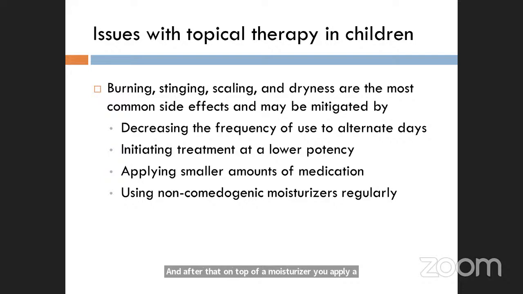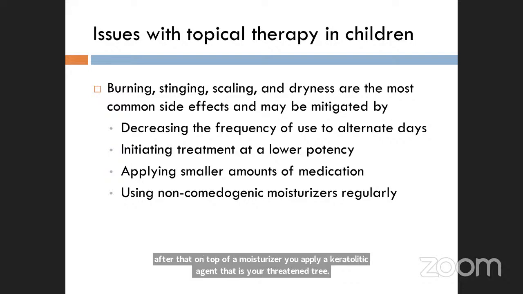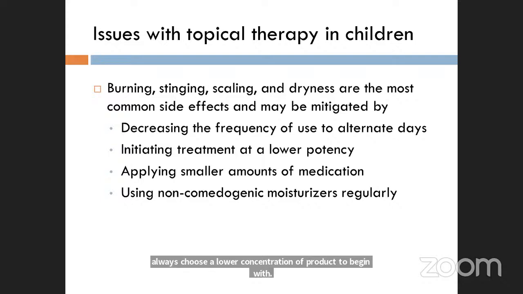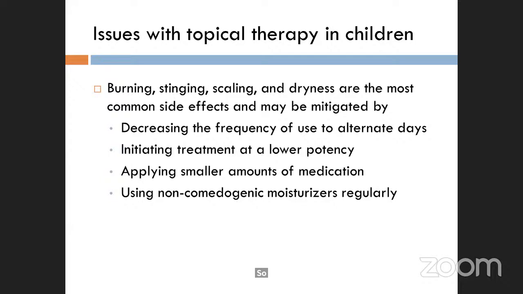So how do you begin using your Tretin cream? Always choose a lower concentration of product to begin with. So Tretin cream comes in the concentration of 0.025% and 0.05%. Start with 0.025% and tell the child to apply in very less quantity. How much?